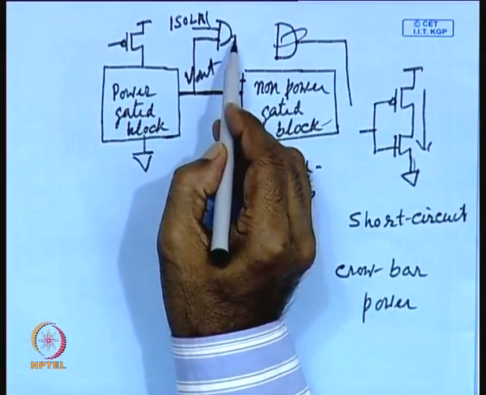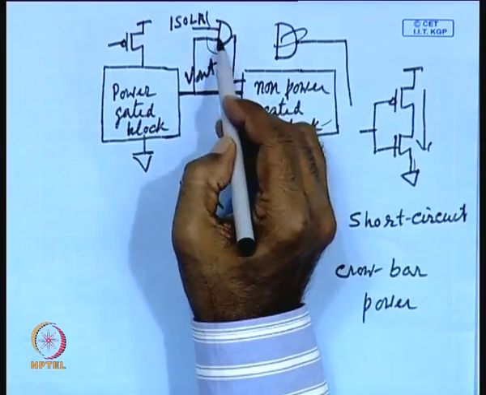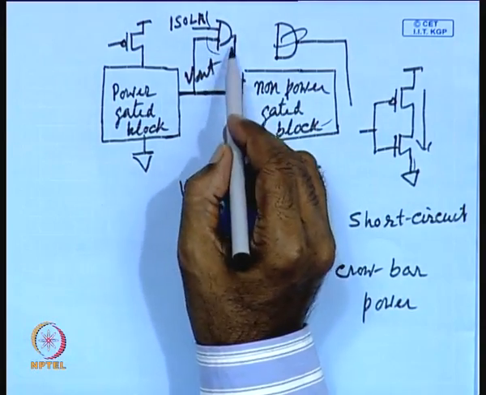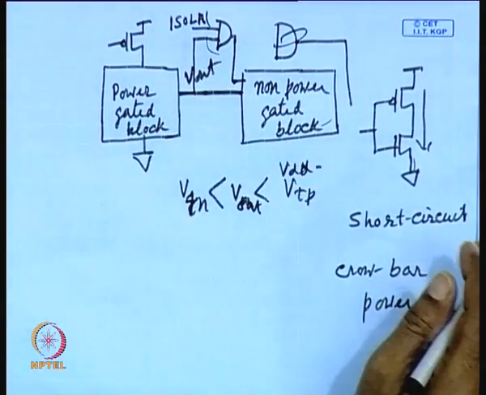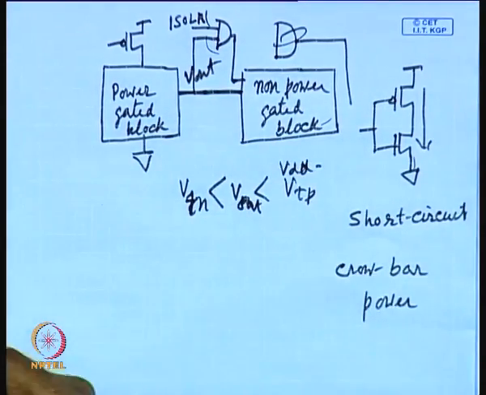That means, this is low, this will be low. This AND gate should not be power gated. So, this is how it can be done.